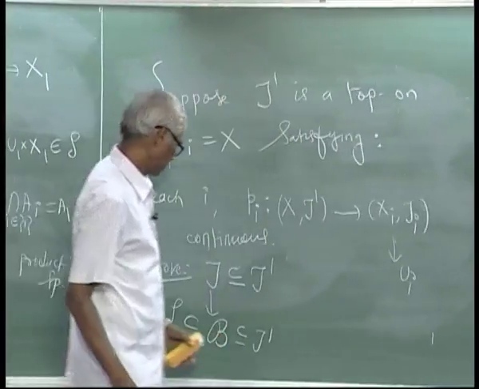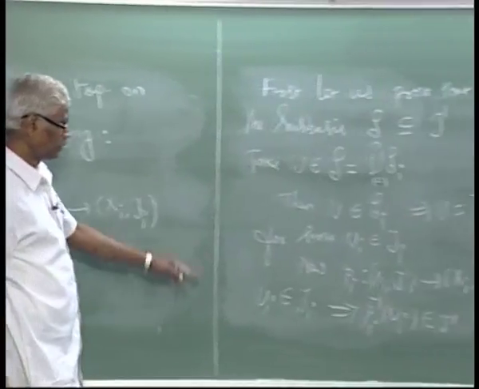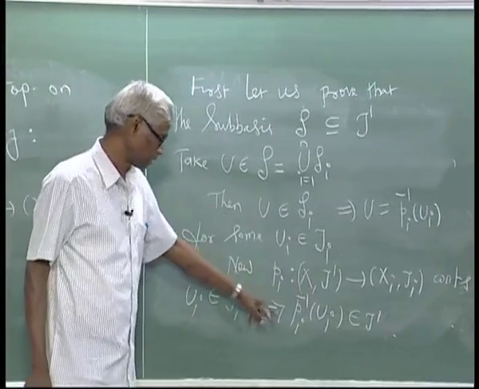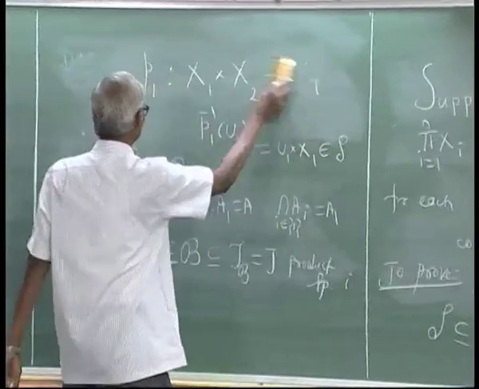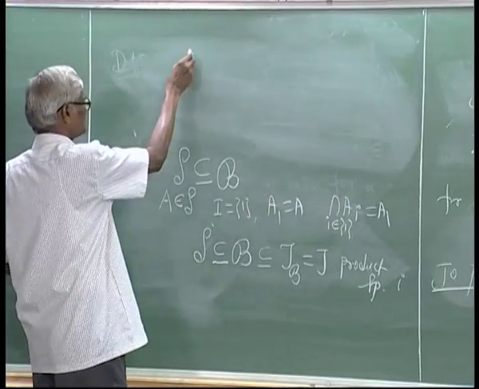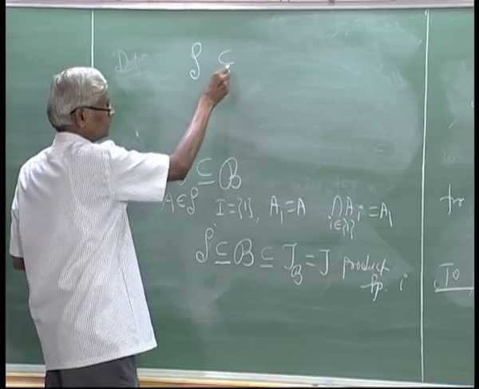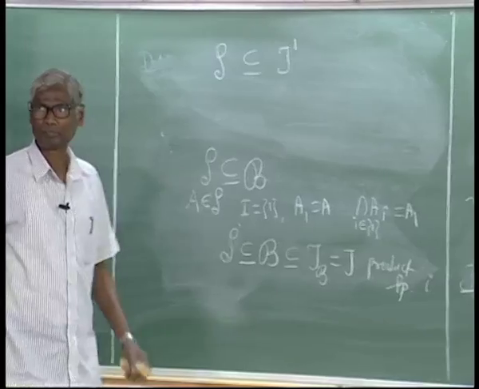So, that is what we wanted to prove: if we take U belongs to S, then U belongs to tau prime. That is, we have proved that the subbasis S is a subcollection of tau prime.